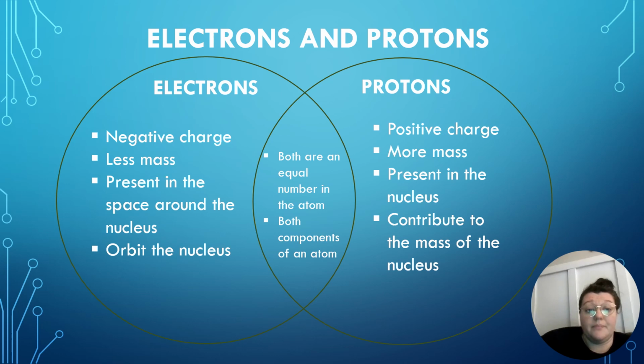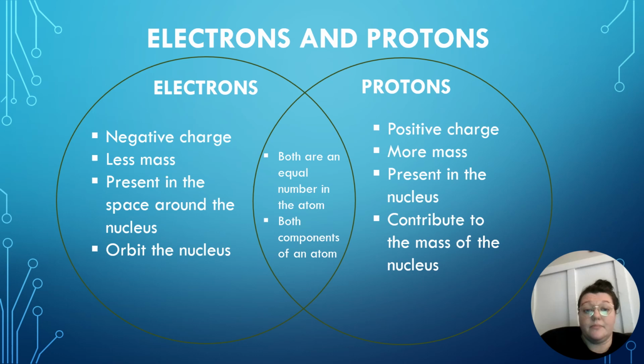An electron is actually present in the space around the nucleus where they actually orbit the nucleus, as to where protons are present inside of the nucleus. And like we stated before, this will contribute to the mass of that nucleus.